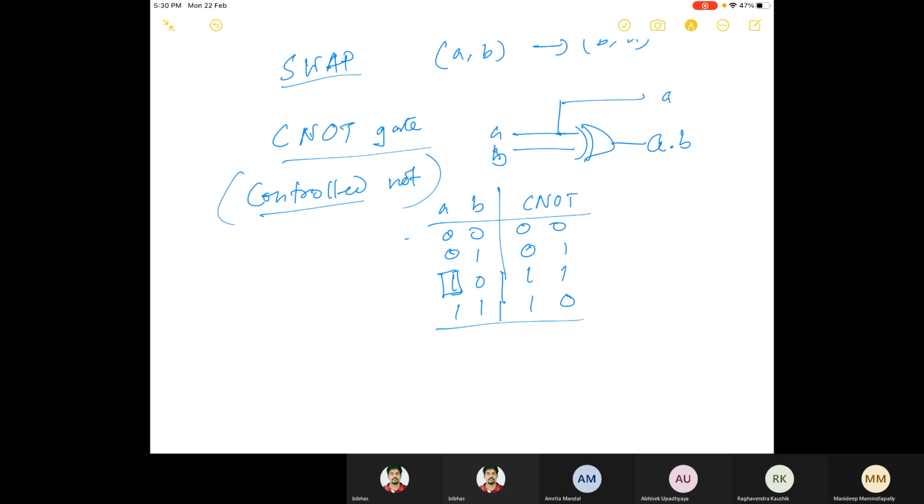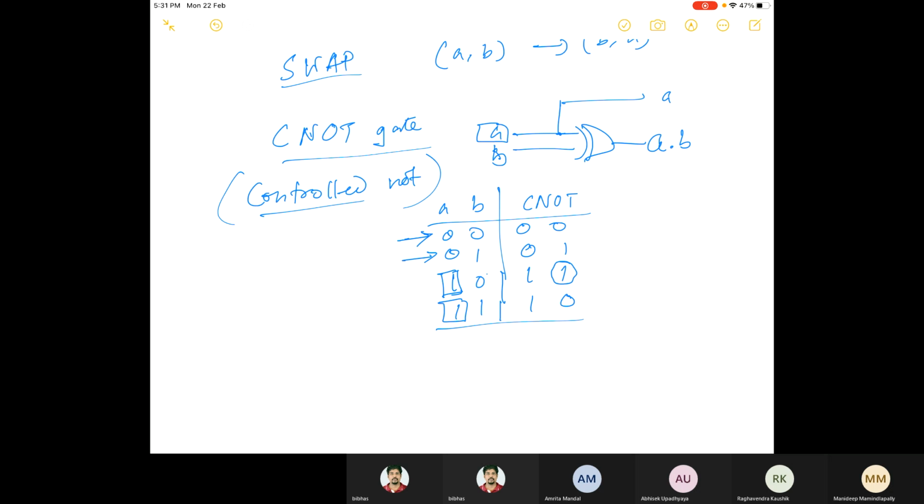For example, in the first two, there is no change. 0 0 will produce 0 0. 0 1 will produce 0 1. For 1 0, see the second bit is flipped, from 0 to 1, and when the input is 1 1, again the second bit is flipped. So when you give the input A and B, there is one bit which is controlled, in other words the target. The second bit here is the target, and the first one is controlling it.